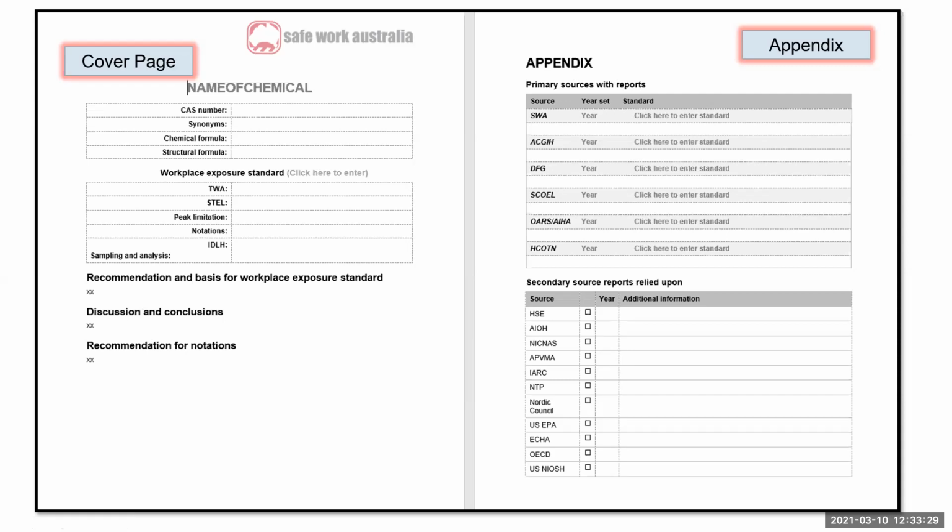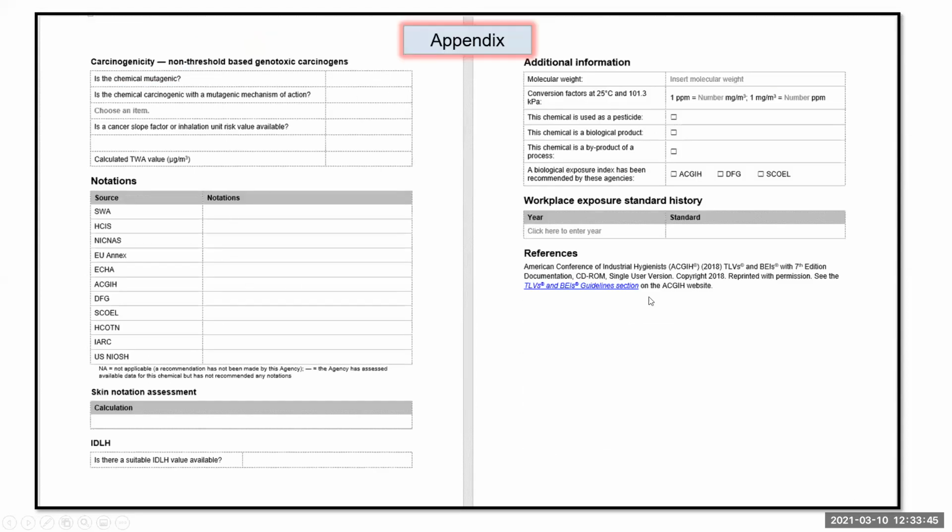The appendix is where all the relevant data from the primary and secondary sources went. Here are the primary sources, we'd fill that out and put in their standard, and here were the secondary reports that were relied upon. The other two following pages had information around carcinogenicity, the skin notations, and other information.